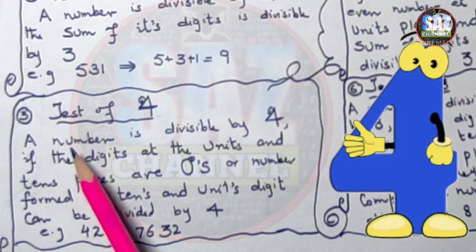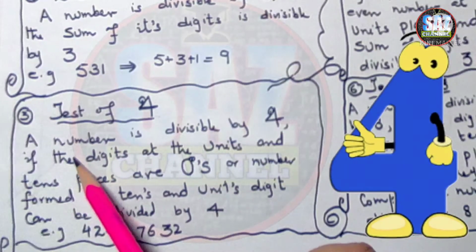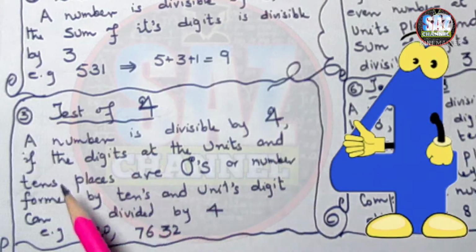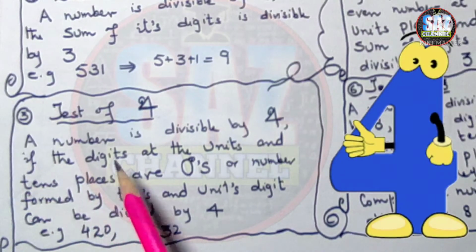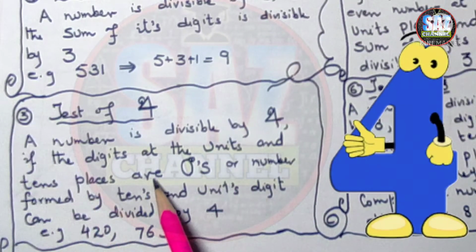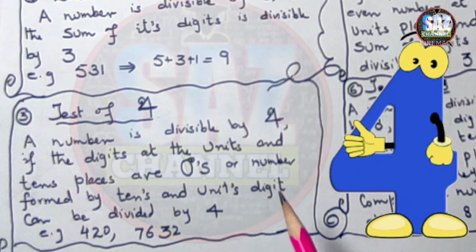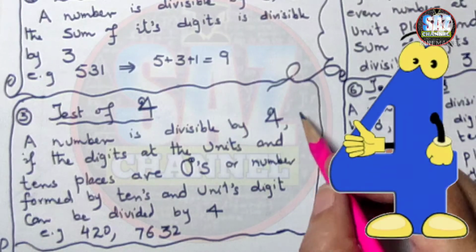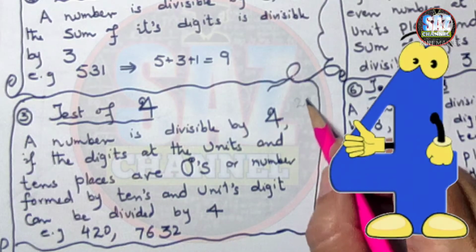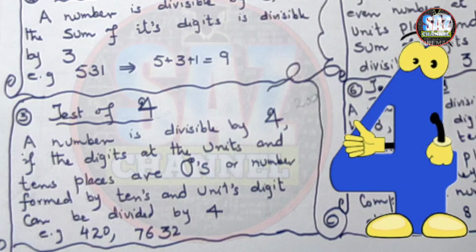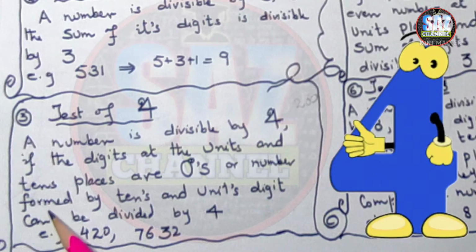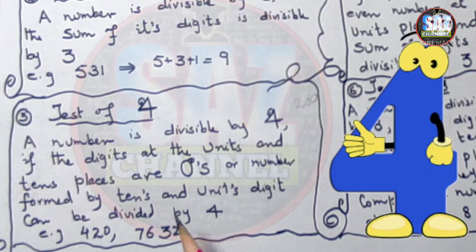Moving to the divisibility test of 4, a number is divisible by 4 if the digits at the units and tens places are zeros. Either we observe that the number has zeros in the units and tens places, like 200, then that whole number will be divisible by 4, or we can check that the number formed by the tens and units digits can be divided by 4 easily.